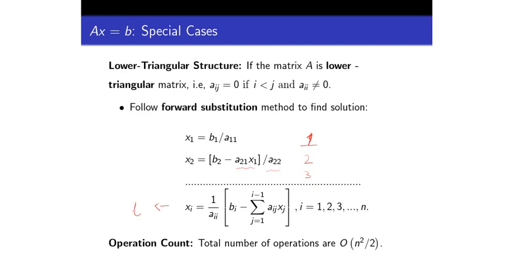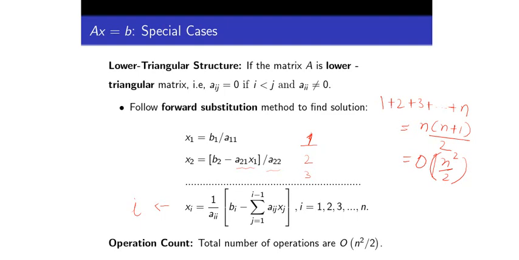So the nth term has n. So how many operations are there? 1 plus 2 plus 3 plus and so on plus n, which you know is n into n plus 1 by 2, and that is of order n square by 2. So the minimum number of operations is of order n square by 2.